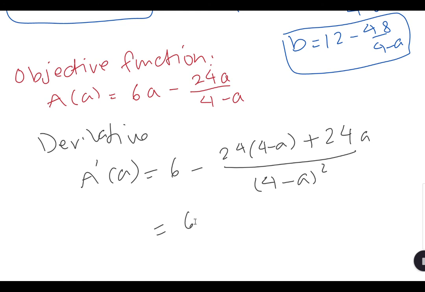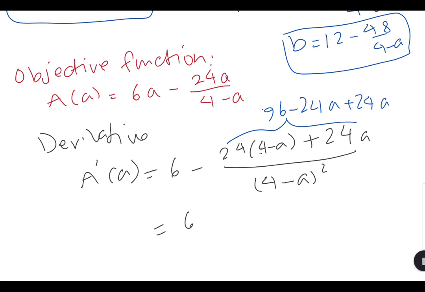And 6. If I distributed this, let me distribute it quickly right here. So I have 24 times 4, which is 96 minus 24a plus 24.